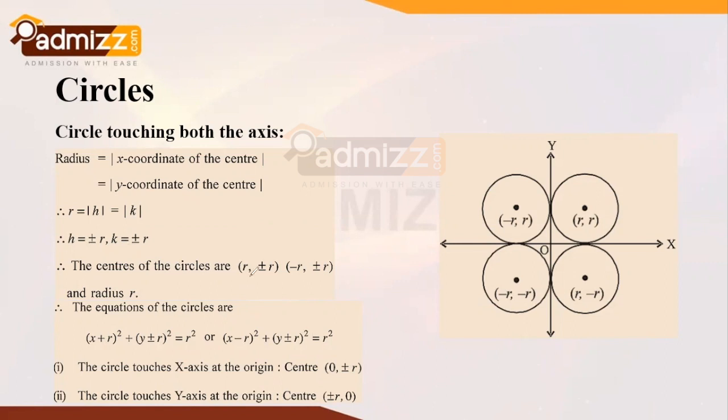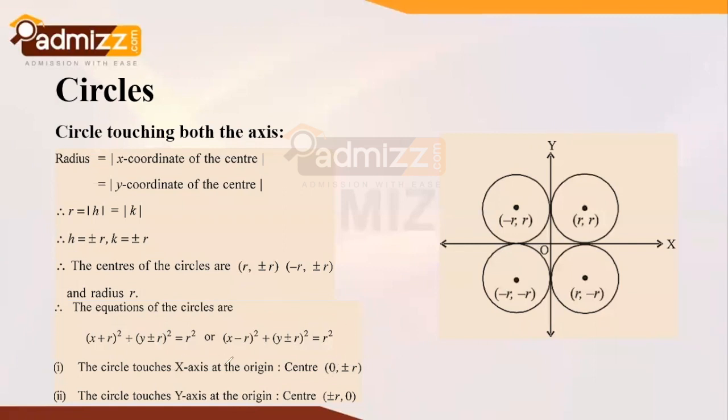Now the centers of the circle are written as r comma plus or minus r, or minus r comma plus or minus r, and the radius value is r. The equations of the circle can be found using this equation: x plus r the whole square plus y plus or minus r the whole square equal to r square, or we can also write it as x minus r the whole square plus y plus or minus r the whole square is equal to r square.